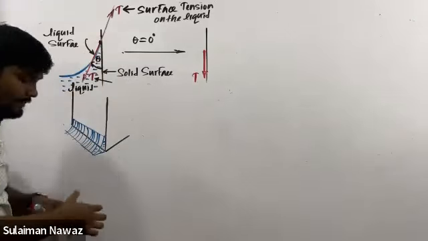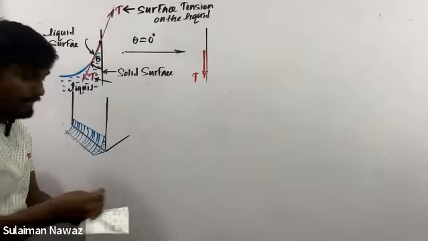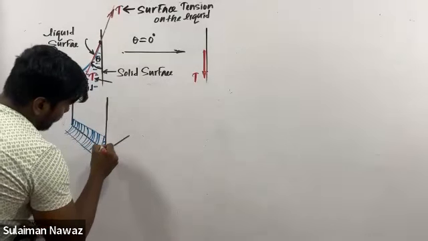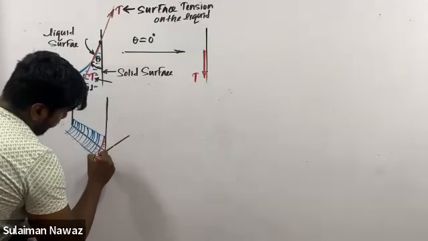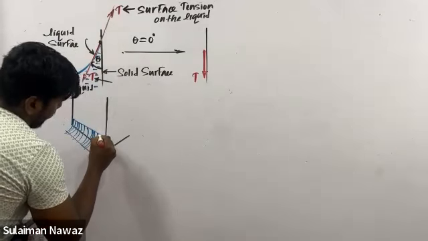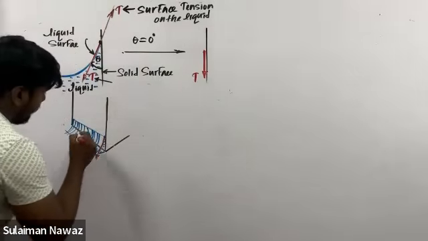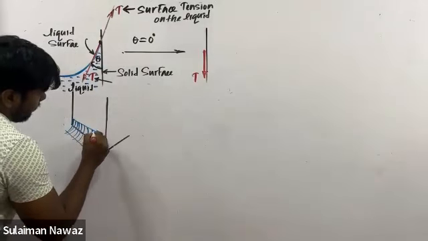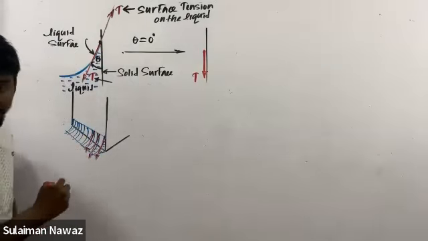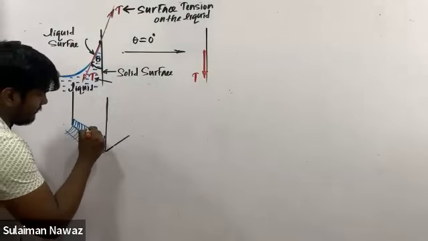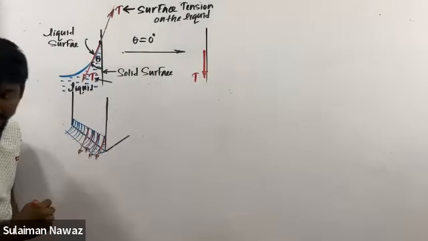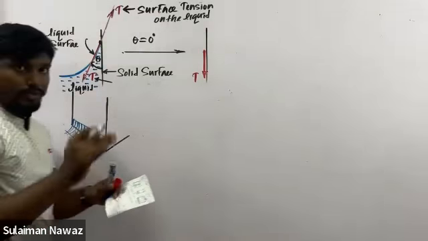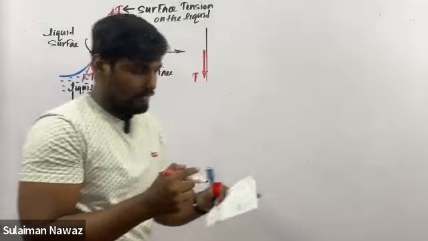Downwards. If I mark those surface tension forces, then the diagram is not clear. This is how they appear. So don't worry, I will draw the front view also, then you will understand.